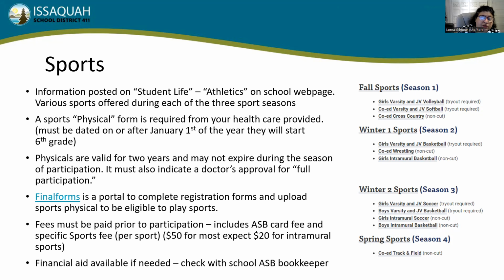We also have different sports each season. There are 4 seasons. In the fall, sports right now happening are volleyball, softball, and cross country. Some sports, of course, are tryout sports, and kids might get cut, but some of them are non-cut, like cross country. Also, for example, they have a co-ed varsity and a JV, which is junior varsity, softball team.